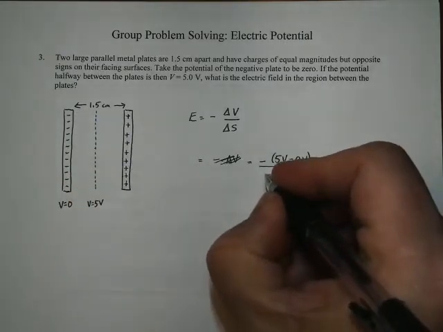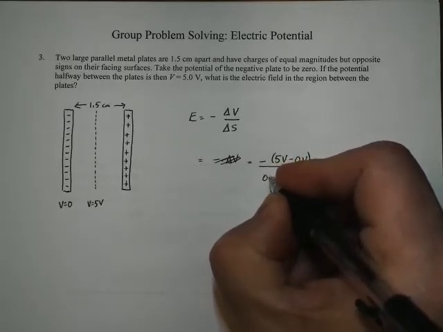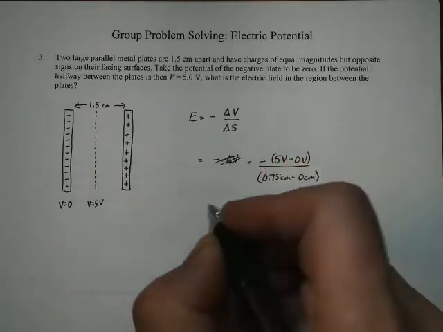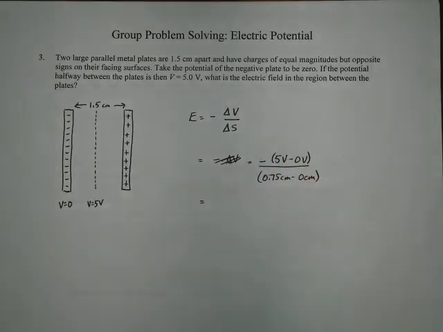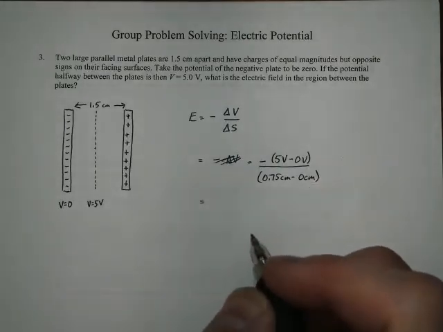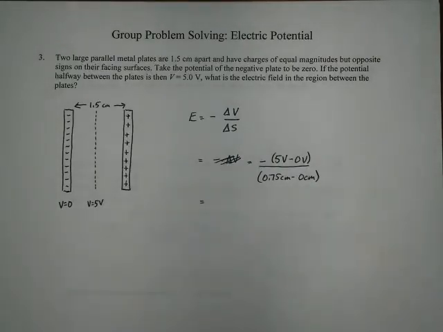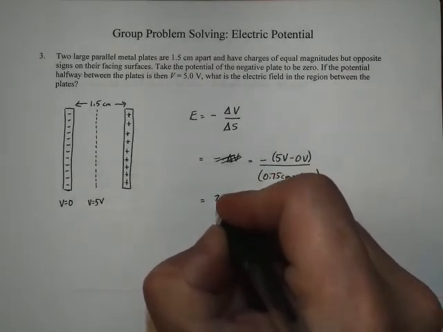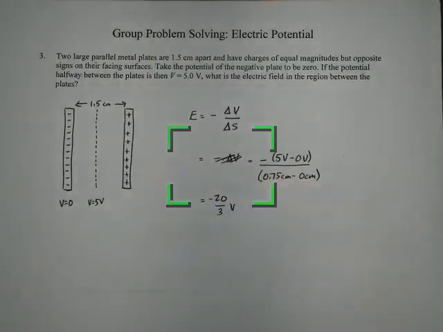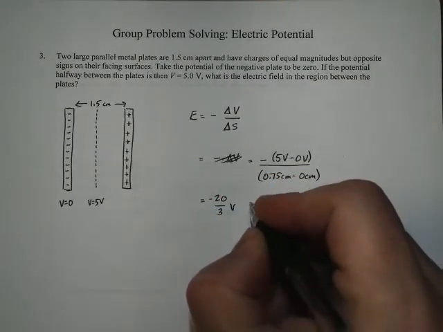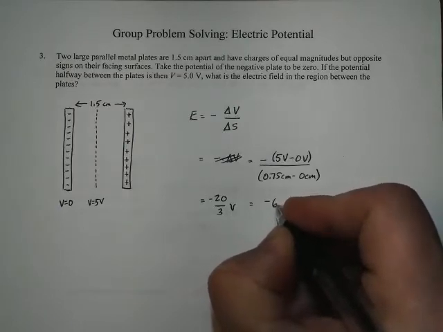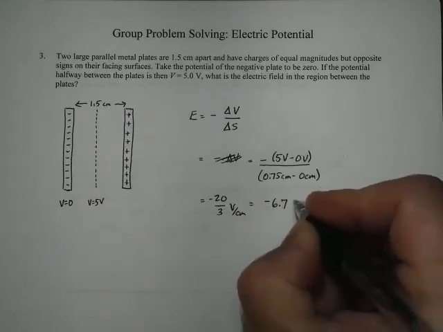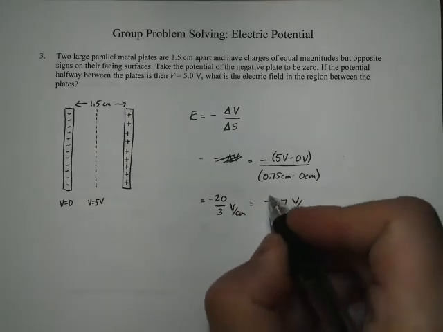So I would end at, say, a position of 0.75 centimeters, starting at a position of 0 centimeters. And out of that I would get, let's see, 5 divided by 3/4 is 20/3. For those of you that don't like fractions, that would be approximately equal to a negative 6.7 volts per centimeter.